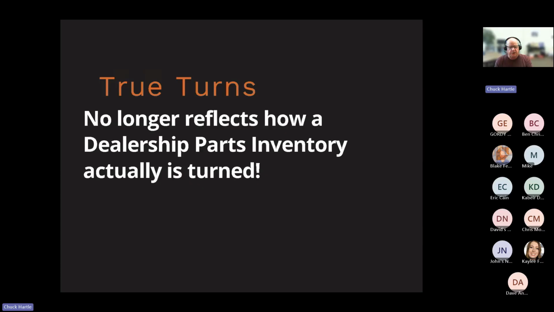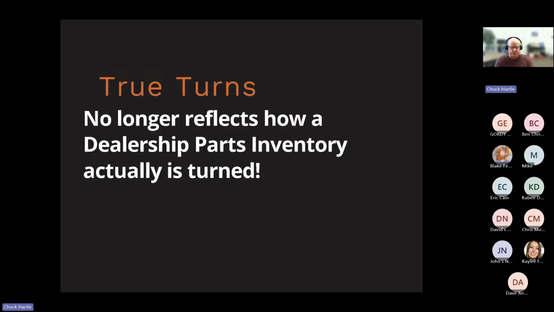If there's only one thing you would throw out of your turns as we go forward, it would be if you do a lot of emergency purchasing from other dealers, especially if you're in a major metro and you're local and you buy a lot from them. Those are the types of things you would take out of a turn calculation.